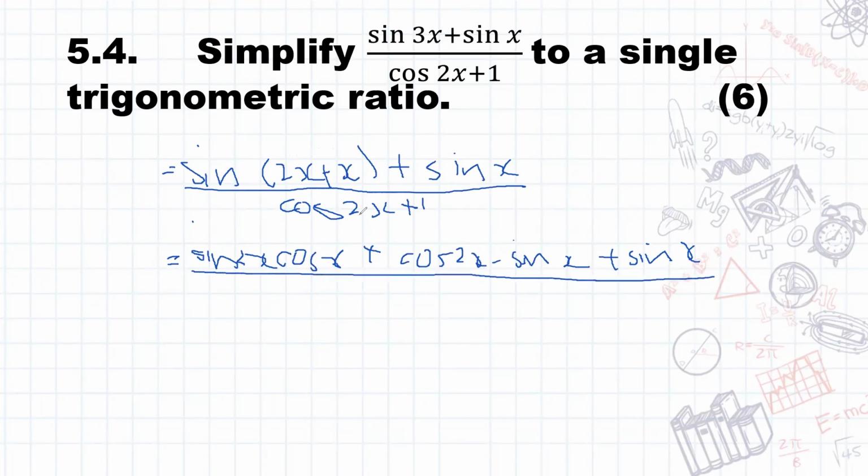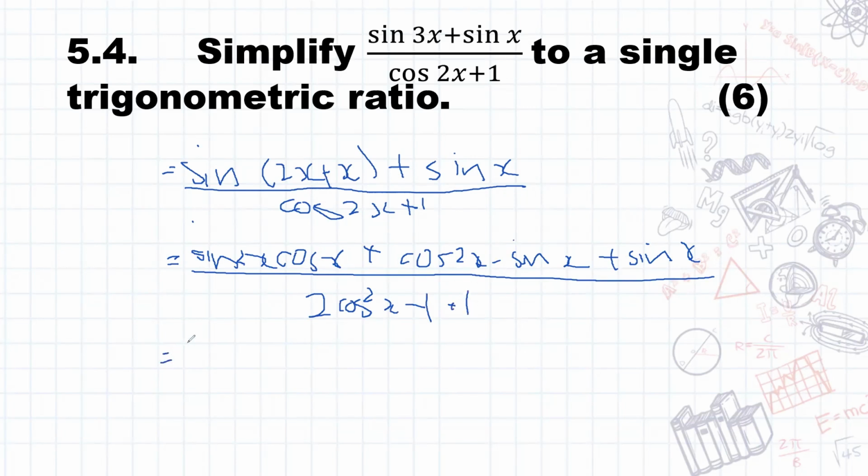And now cos 2x, there are 3 different things that the formula sheet gives us. And the one that I'm going to use is actually going to be the one that gets rid of a 1. So I'm going to use the 2 cos squared x minus 1. That's my cos 2x plus 1 here.